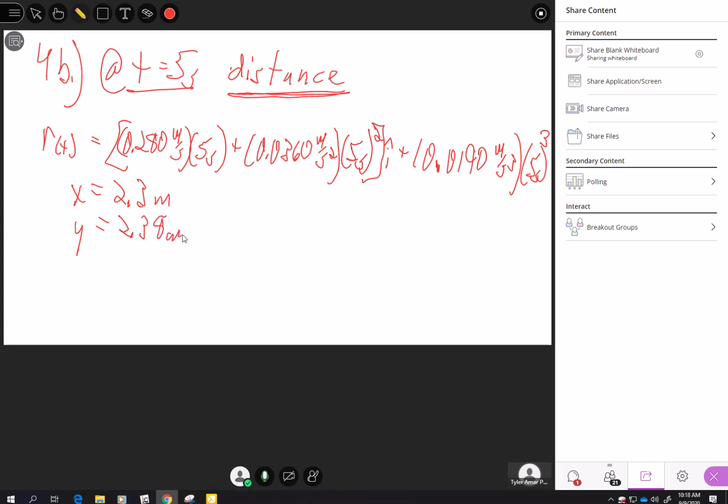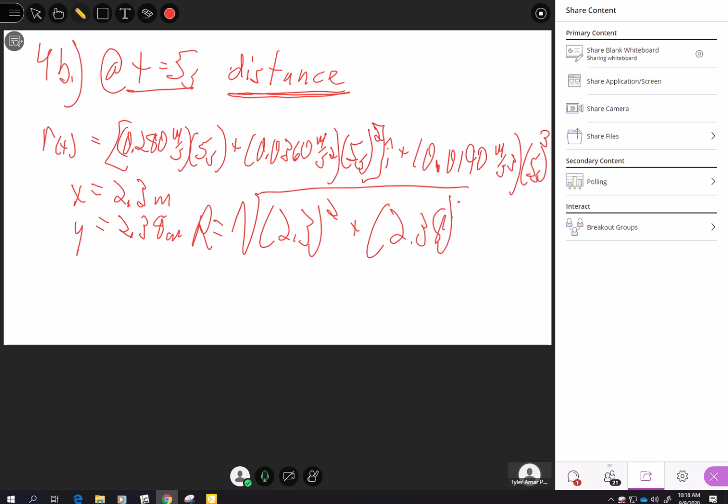This is x and y. It says how far. That's distance, that's magnitude. So we have to take the square root of the squares. If you want to put the capital R, which means the resultant or the magnitude, we do 2.3 squared plus 2.38 squared, and we get R, or distance, being 3.31 meters, right? Okay? Everyone agree? See how easy that was?